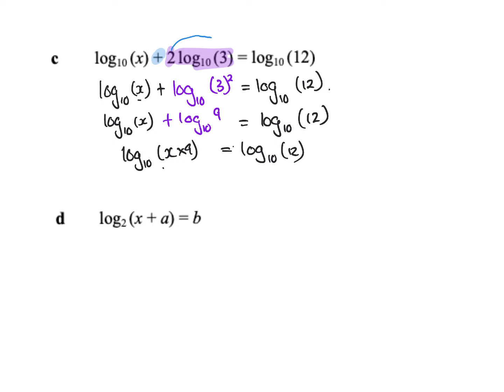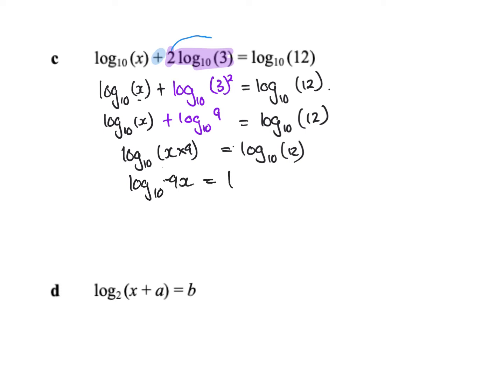Okay, so then I'm left with log 10 9x equals log 10 12. If I bring this whole thing over the equal sign, it's adding on that side, so it would be subtracting on this side.